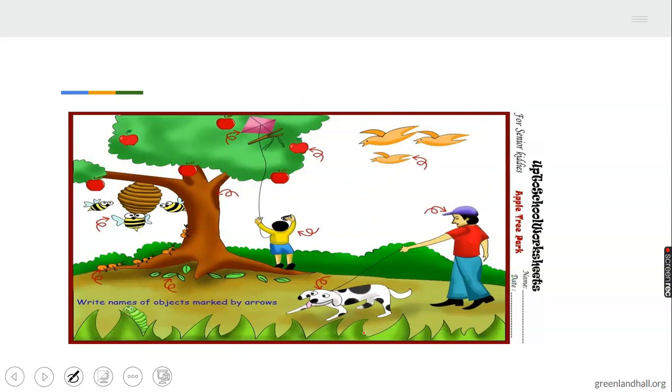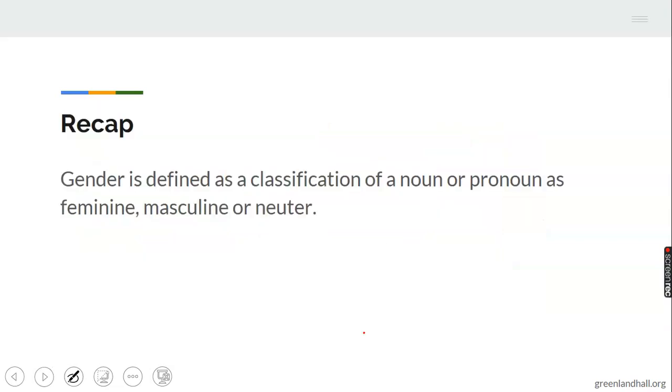Okay, those are all we are going to talk about on gender. We've seen masculine gender and feminine gender. I told you that the masculine gender refers to the male folks, that is all our males, our boys, our fathers, and even animals like the rooster, the lion.